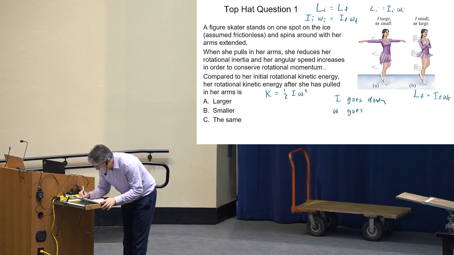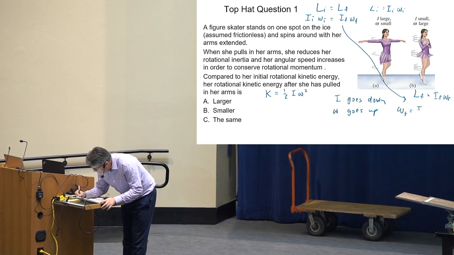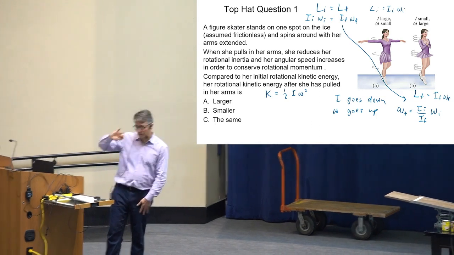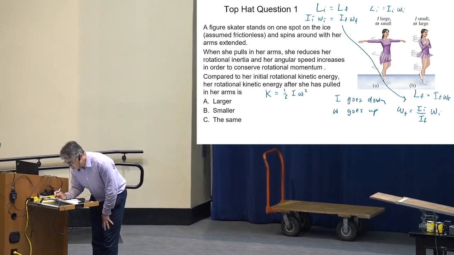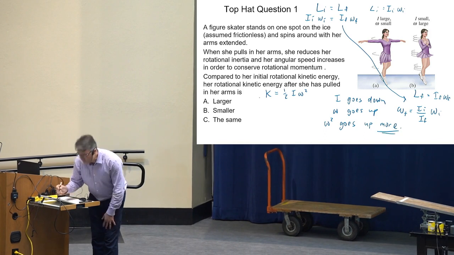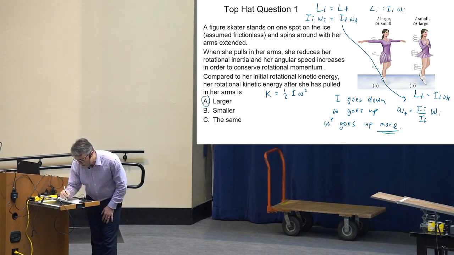I think if you solve out this equation, it's something like omega final is equal to I initial divided by I final times omega initial. So what that means is that it's an inverse ratio. So what I think is that omega squared goes up more because it's squared. So you'd think they'd cancel out, so the same might be right, but I think it's actually larger.